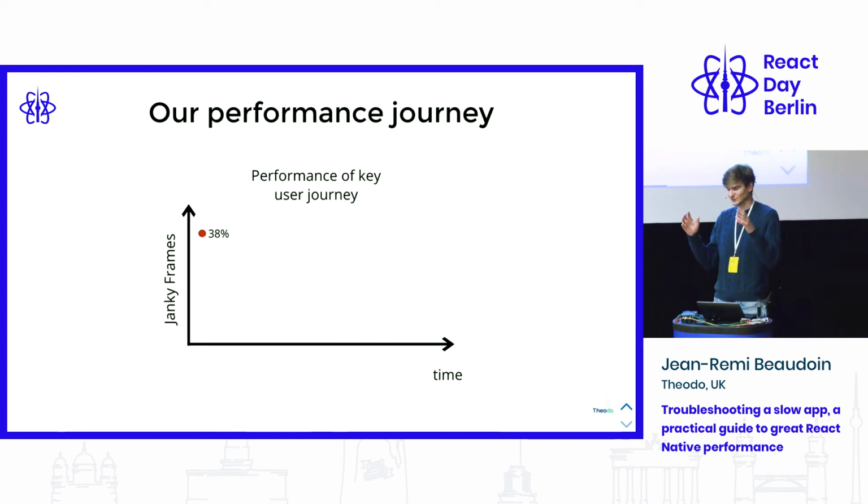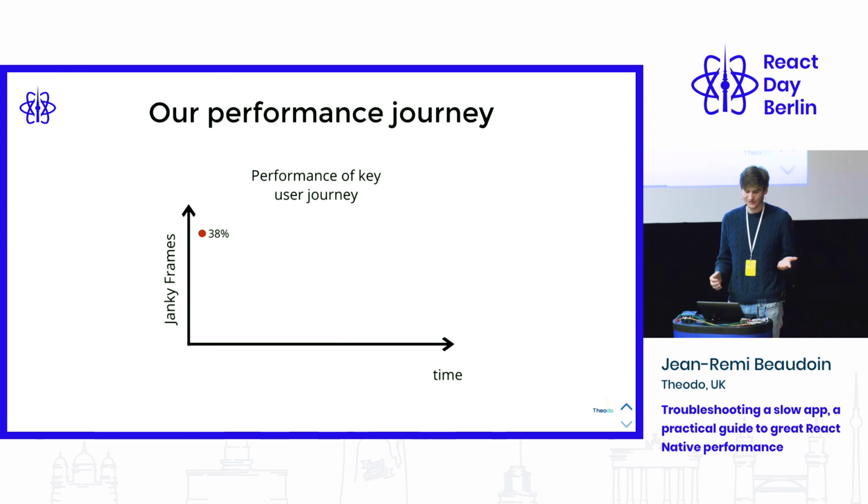We did that first round where we used why-did-you-update on big flat lists, things like that, and we got to around 20%, 25% janky frames. So it was cool, but reaching 0% was not going to be doable.